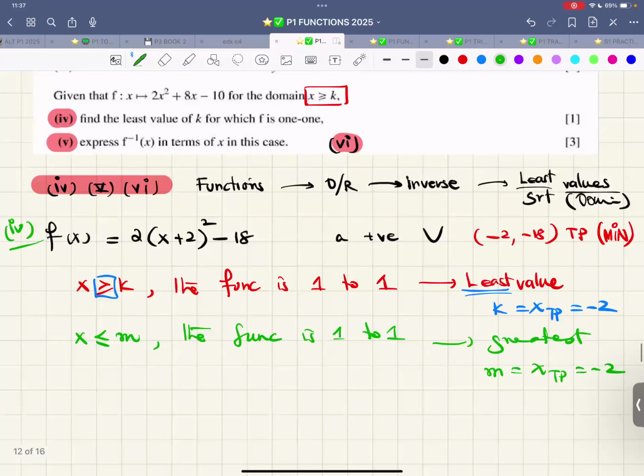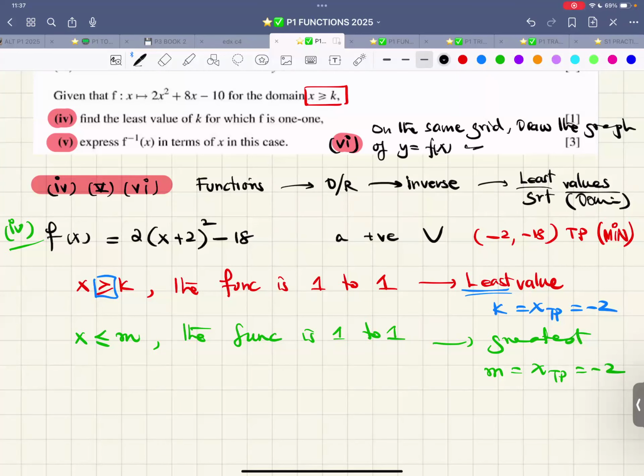Now part 5 and part 6, let me now write part 6, that is on the same grid, draw the graph of y equals f(x) and y equals f inverse x. And let me write part 7 also.